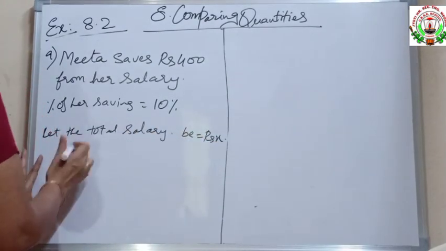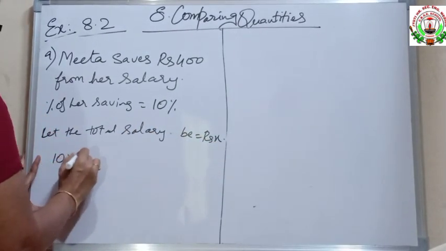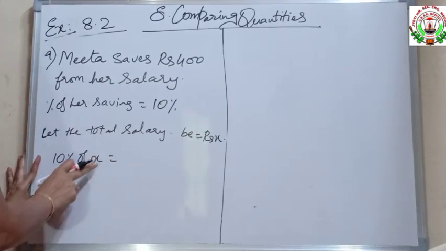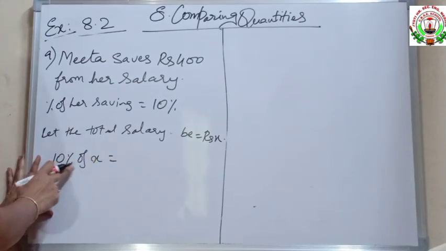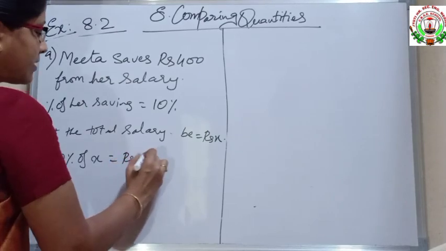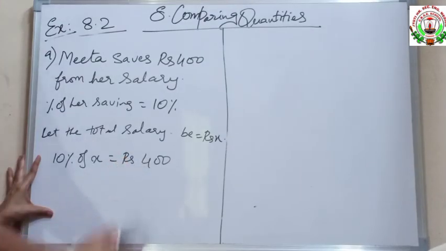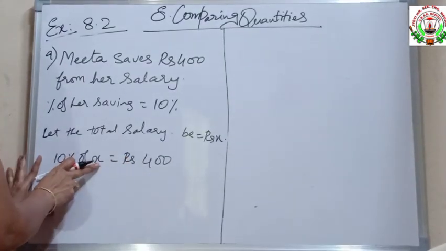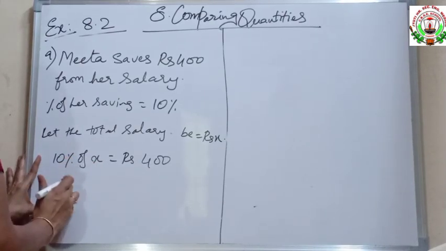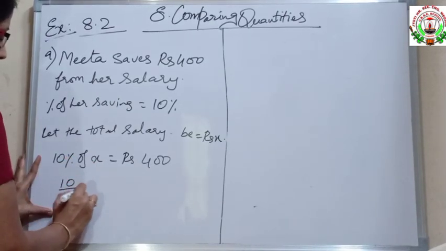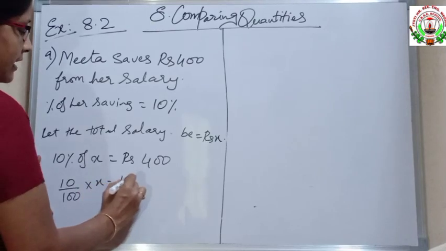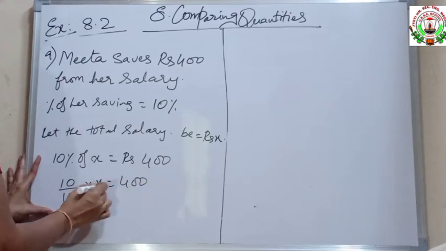So 10% of X, because total salary is X, and 10% of X is rupees 400, because this much she is saving every month. So we have to find X. 10% means 10 by 100 into X is 400 rupees. We have to find this X.